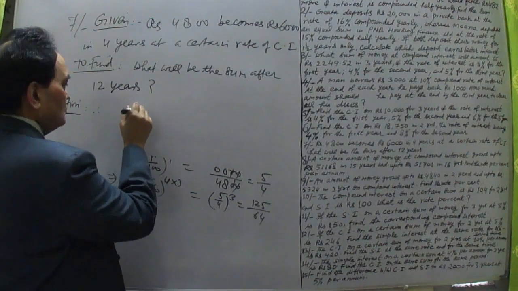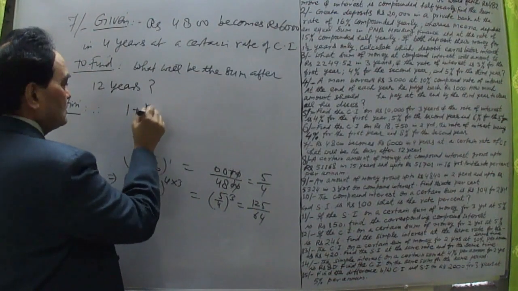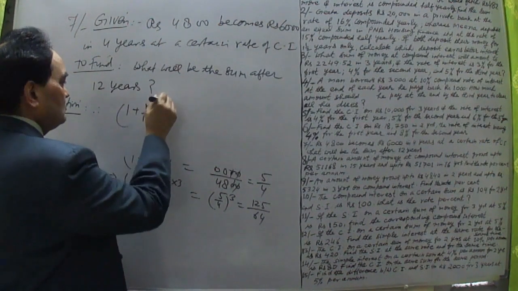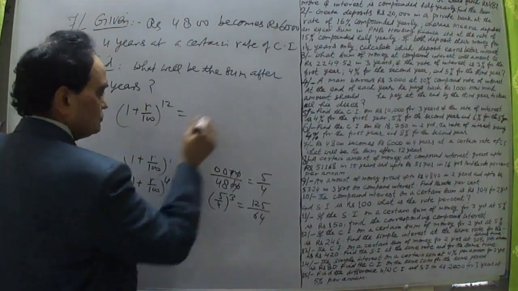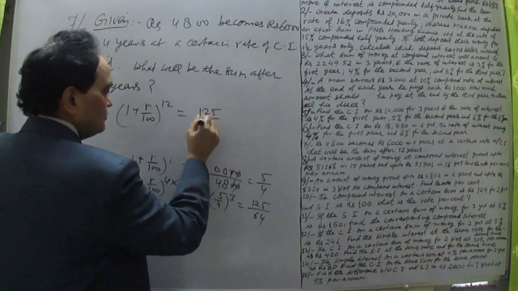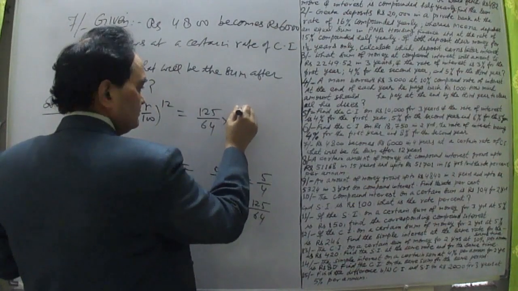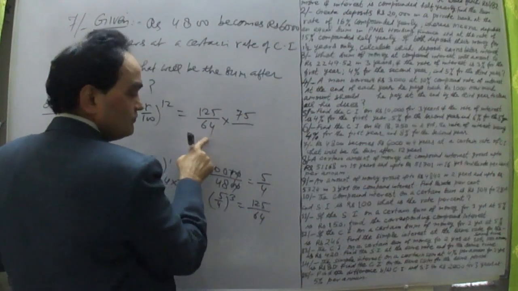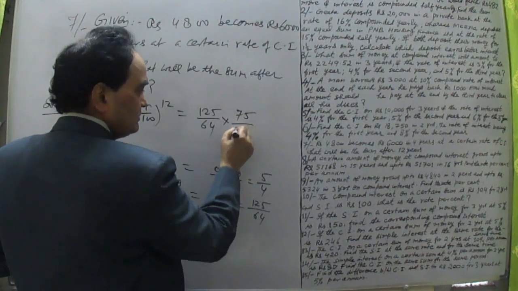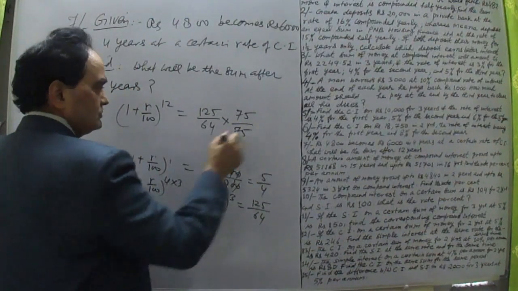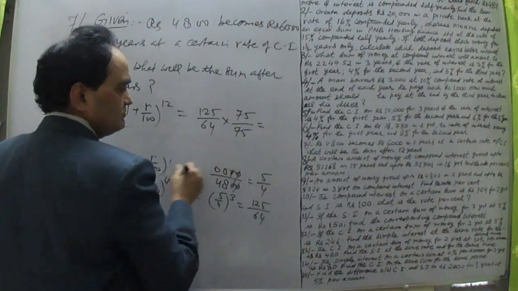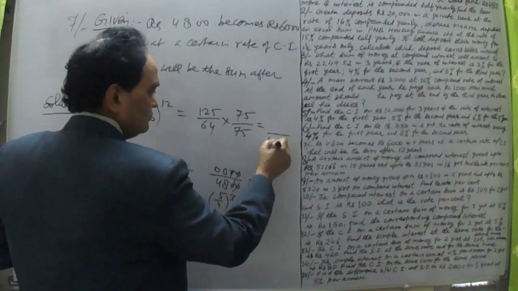So 1 plus R upon 100 whole power 12 is equal to 125 upon 64. Now we multiply by 75 to make it 4,800, so 64 and this 75 will give us 4,800.